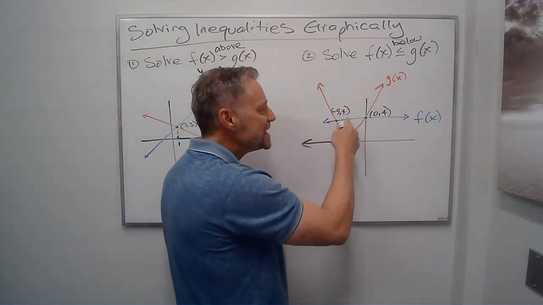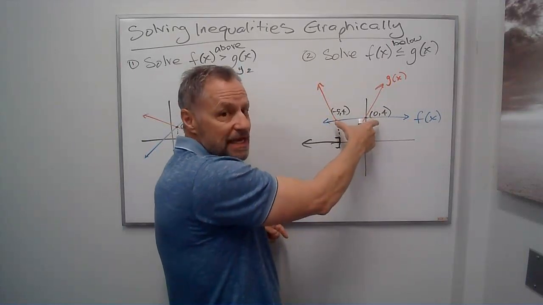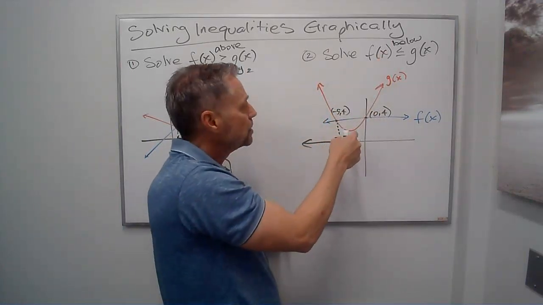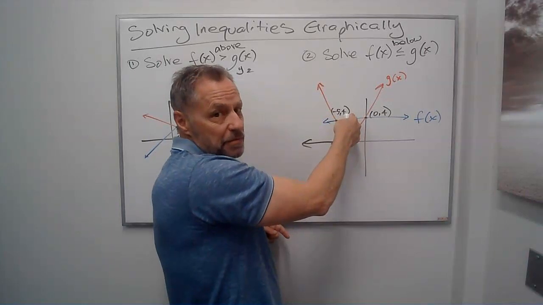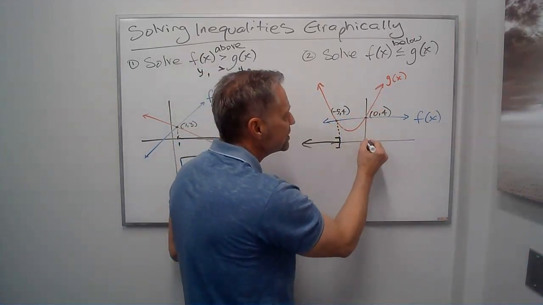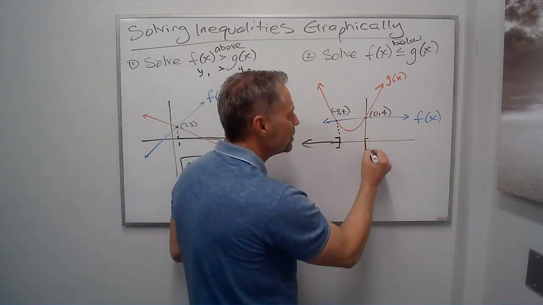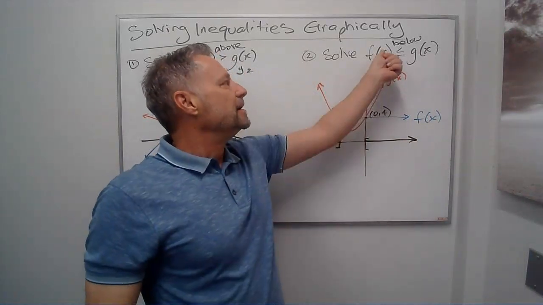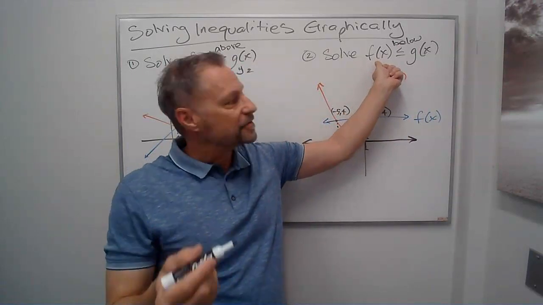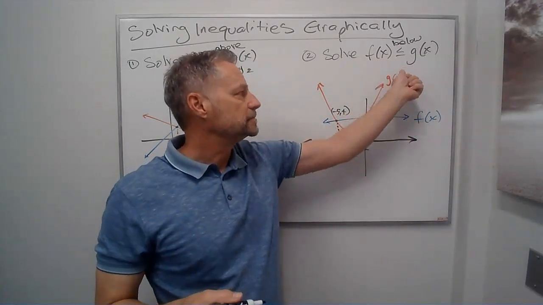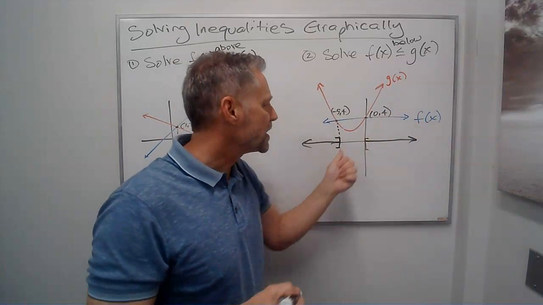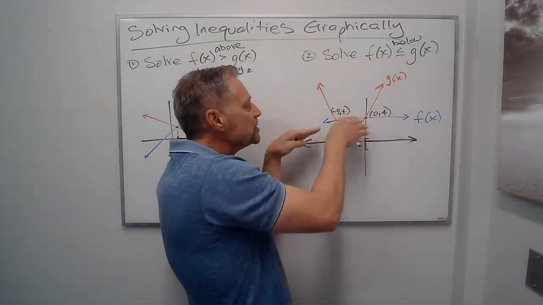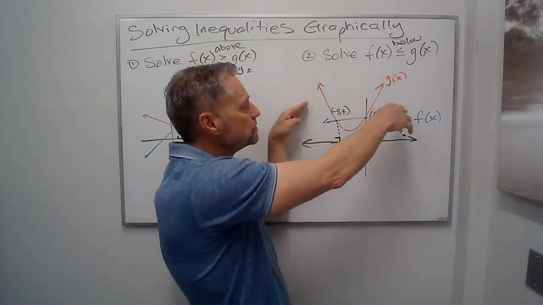In between -5 and 0, those x values, it's not below. The blue graph's above. But once I get over here to 0, again, since I have the equality, I'll have a bracket, and then anything to the right, the f graph, or the blue graph, is below the red graph, or the g graph. Okay, so that's the idea. I'm looking where this blue graph is below the red graph.